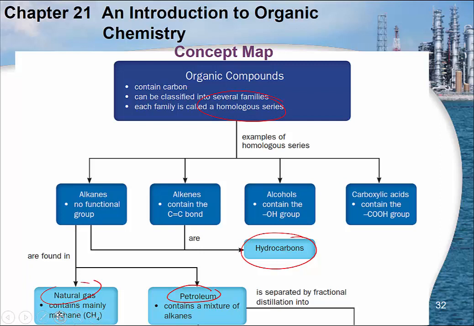And then the fourth family you need to know about. You will learn more about the individual characteristics later on, but for now you just need to know that alkene has a carbon-carbon double bond functional group, alcohol has the hydroxyl, OH functional group, and carboxylic acids have the carboxyl, COOH functional group.